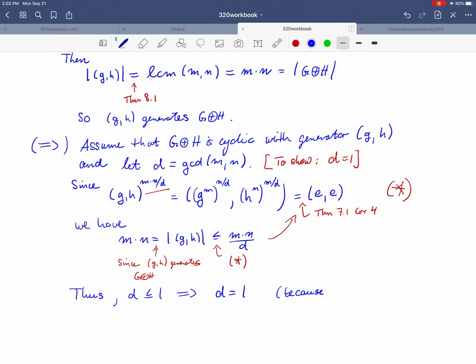Because the divisor has to be positive, and it's an integer. And so there we are. We've shown that D is equal to 1. So we assumed that G plus H was cyclic, and we showed that that implies that the greatest common divisor is 1.